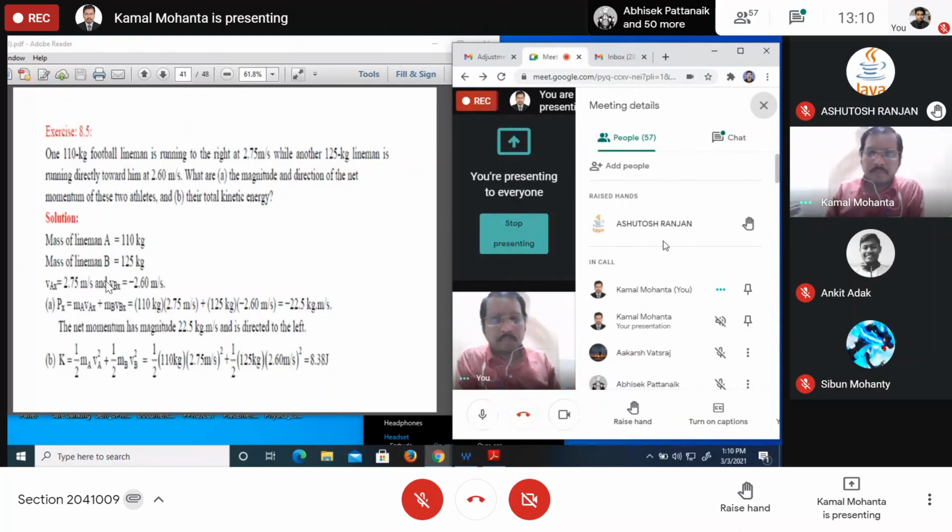Otherwise, what you have calculated is right. And what is the direction? Sir, do we have to show it by vector notation? No, direction you can write. It is directed towards the left. But magnitude is 22.5 kg meter per second.